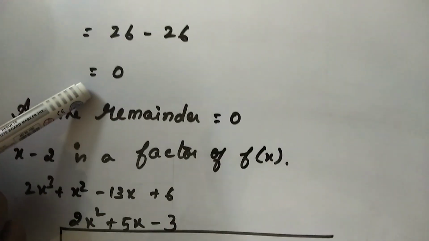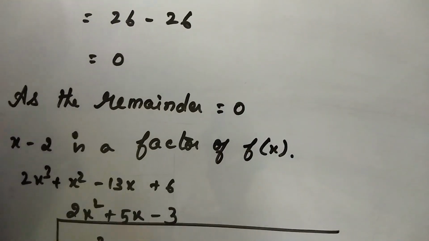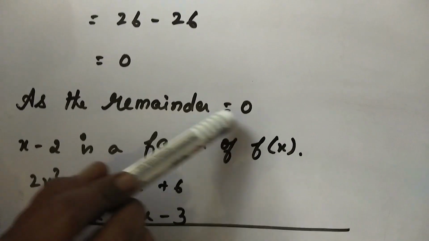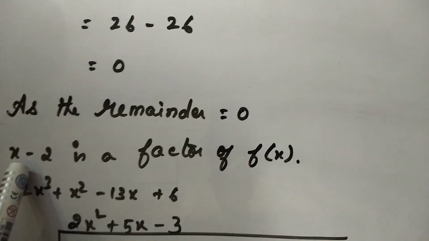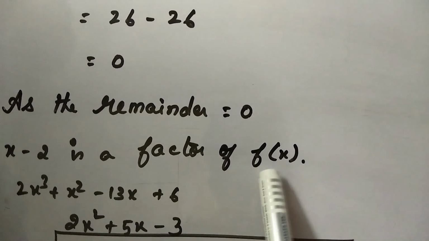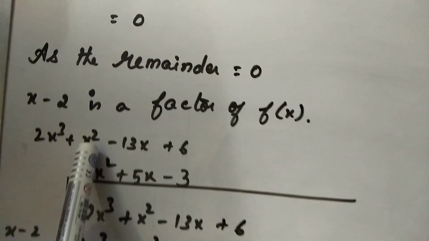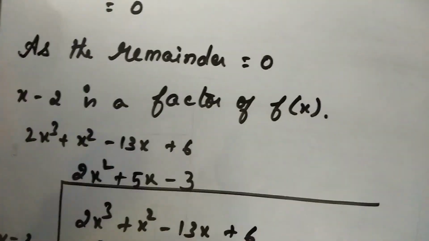As the remainder is equal to 0, x minus 2 is a factor of f of x, the polynomial 2x cube plus x squared minus 13x plus 6.